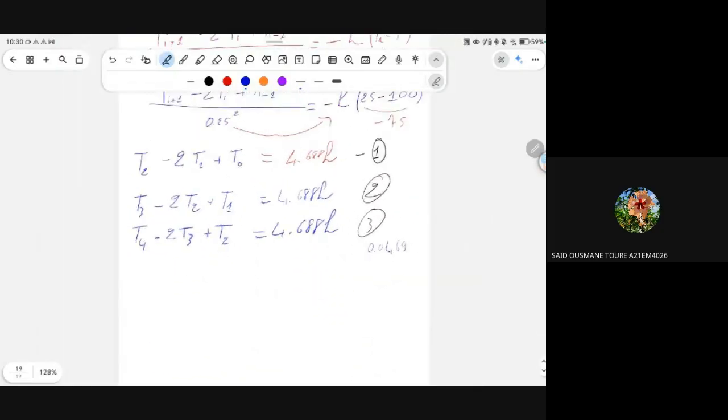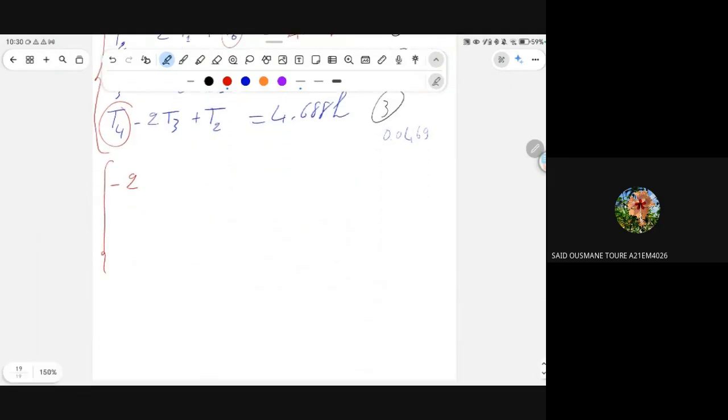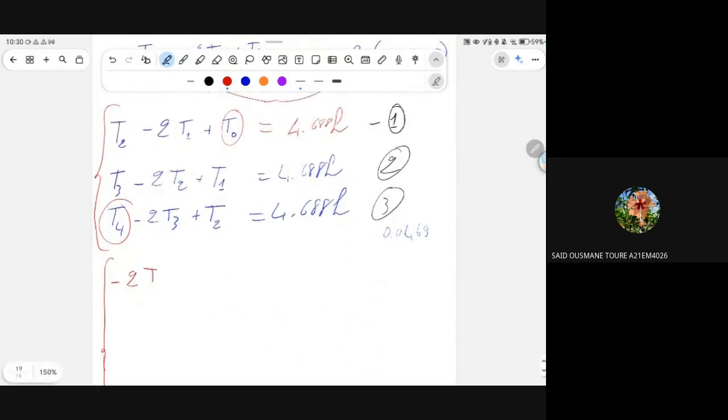So now that we know it's 0.0469, okay? Here, if you pay attention, T0 is not unknown, but also T4 is not unknown. Right or wrong? So now you have -2, and this can be translated into this: -2 T1 plus T2 equals minus T0. I prefer to put T1 first at the beginning.